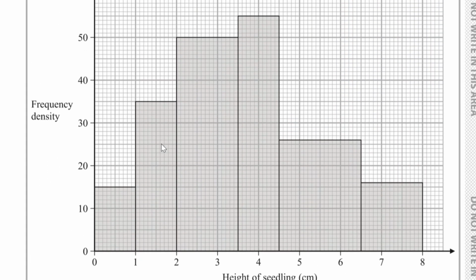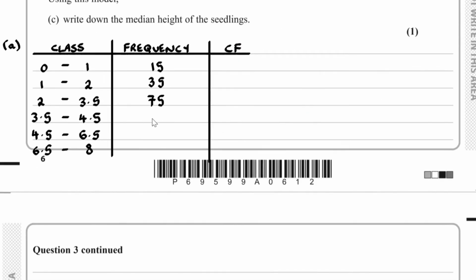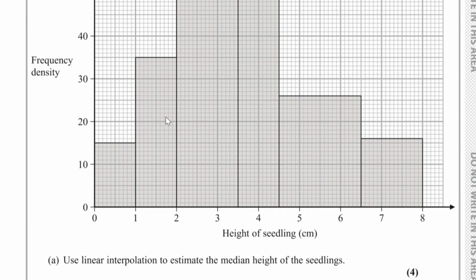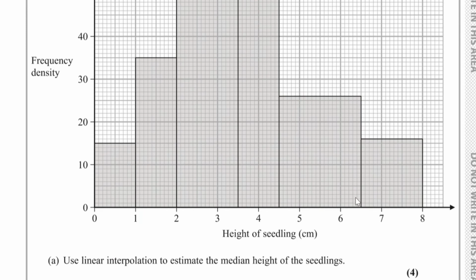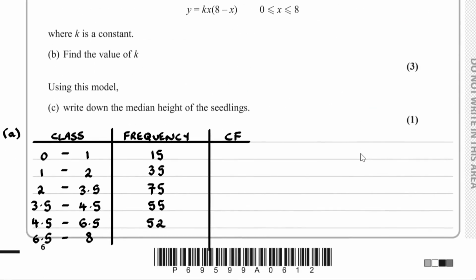Then we've got 1 multiplied by 55, which is 55. And then we have 2 multiplied by 26, which is 52. And then we have 1.5 multiplied by 16, which is 24.